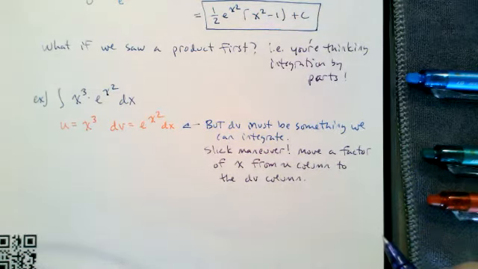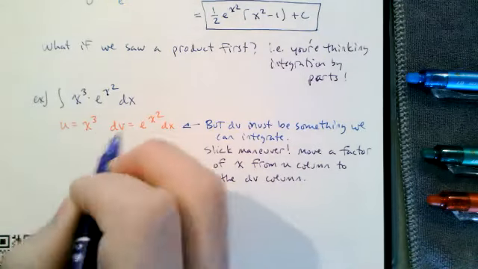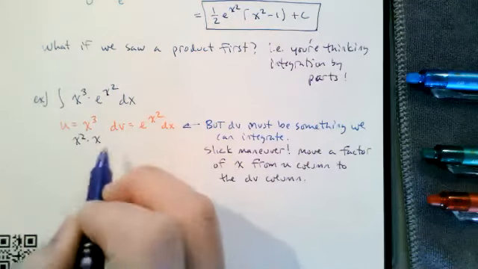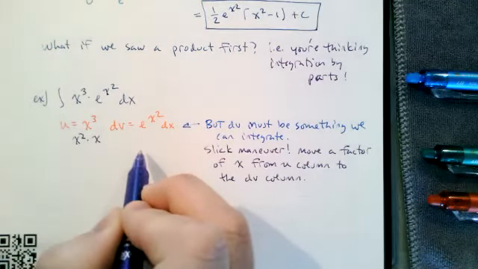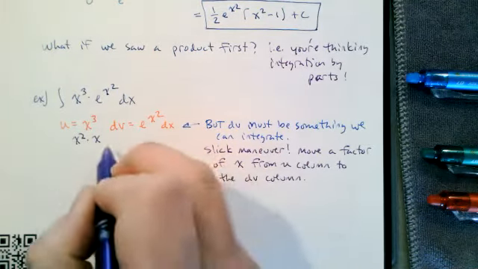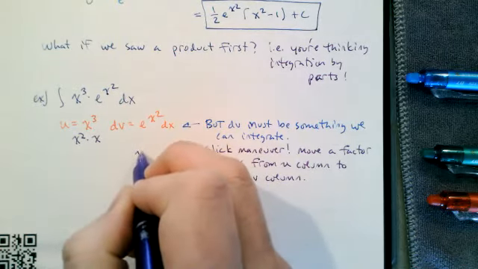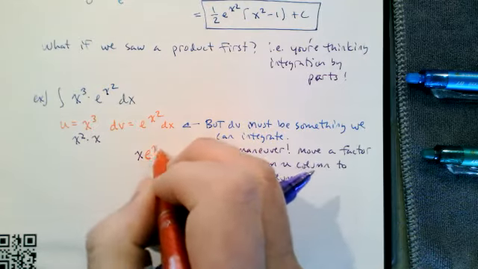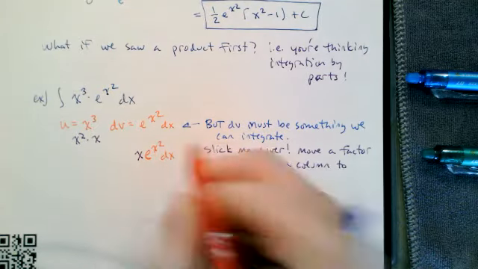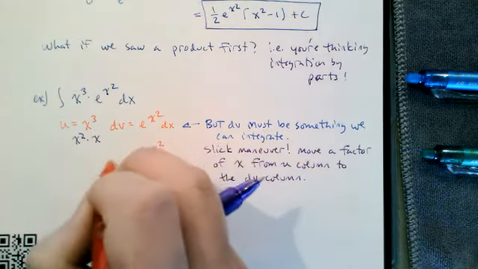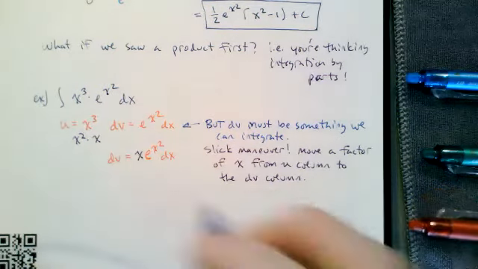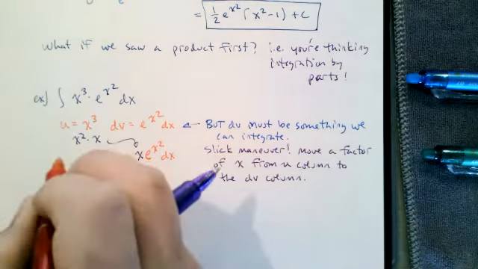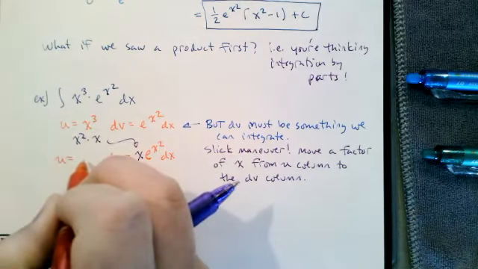We're going to perform a slick maneuver. I'm going to break up this x cubed as x squared times x, and I'm going to move one of these factors of x over into the dv column. And then u is going to stay x squared.